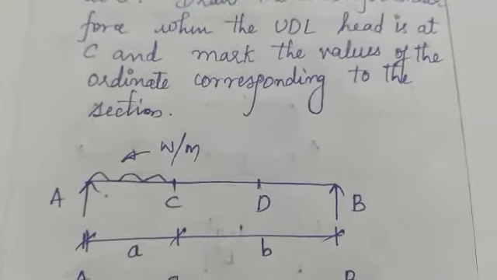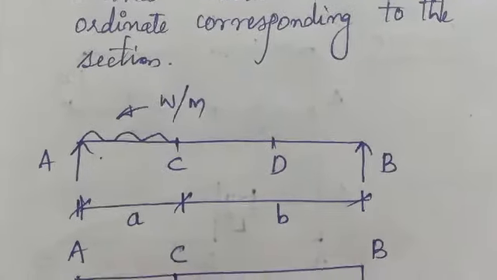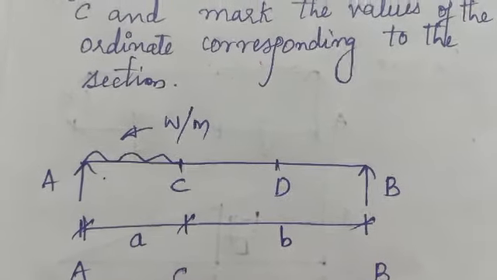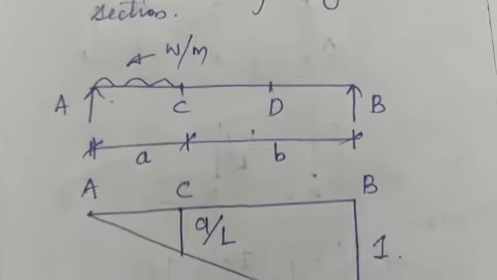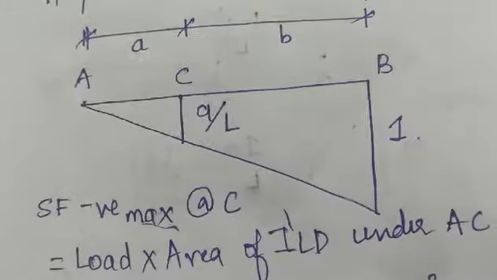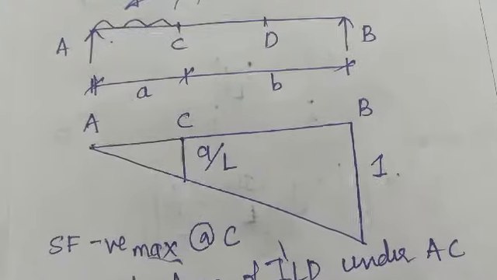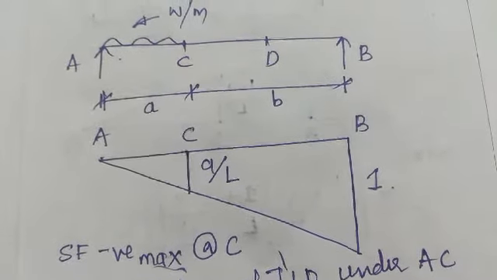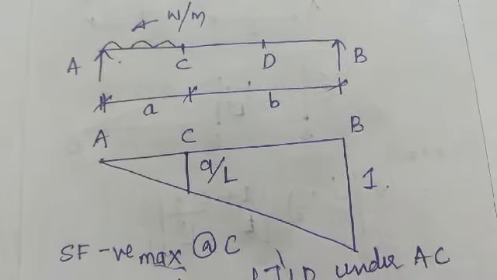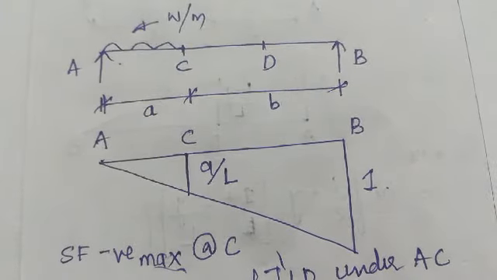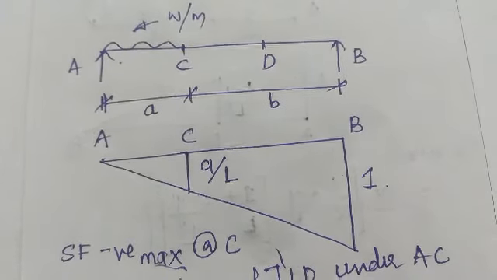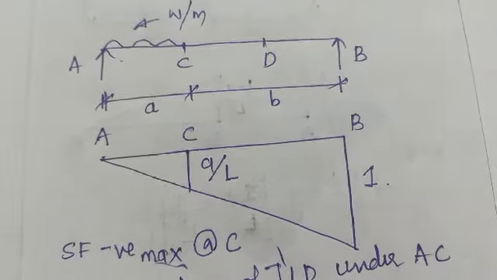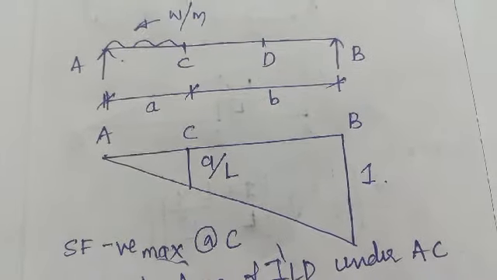When the load is in the AC section, we'll be having the shear force, that is minus RB. So you have to draw the negative RB influence line diagram. Once you have it, it is 0 at A and 1 at B, and this is negative in nature.